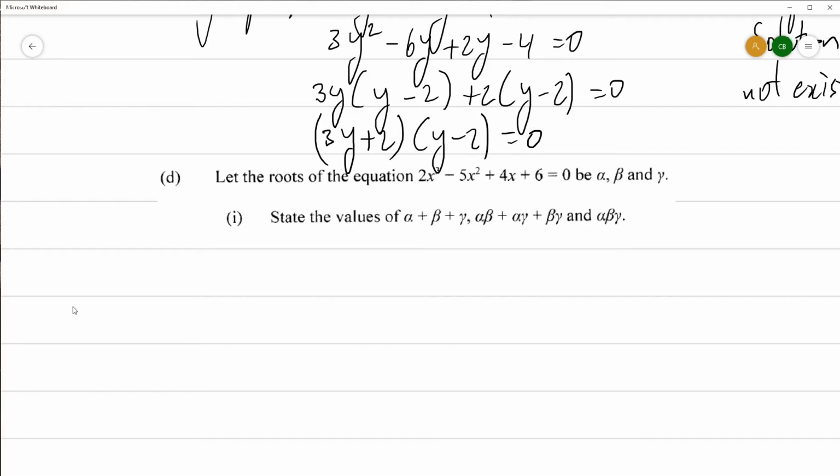This problem relies on you knowing the relationship between the roots of a cubic equation and the coefficients of a cubic equation.